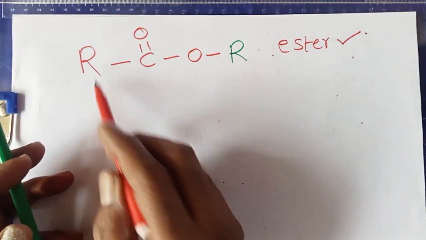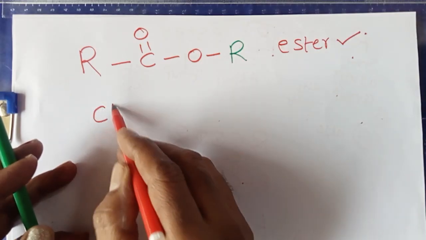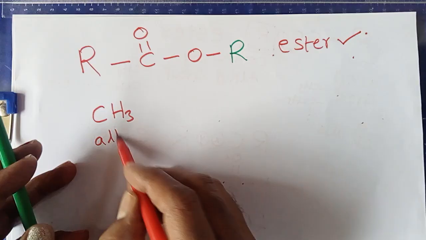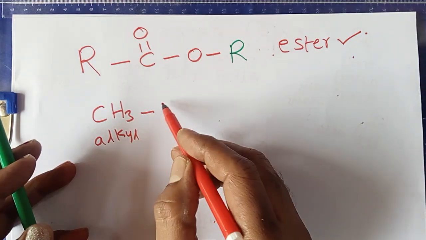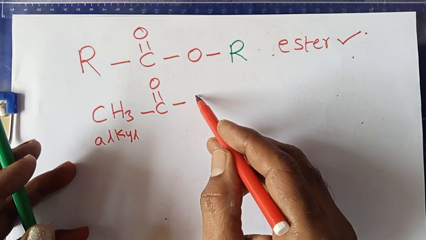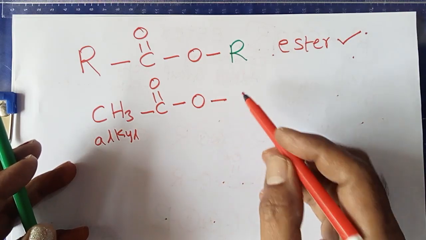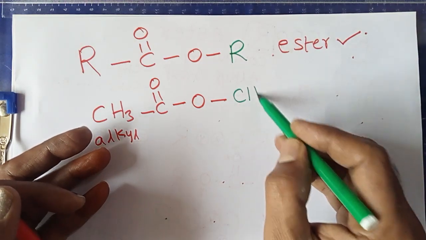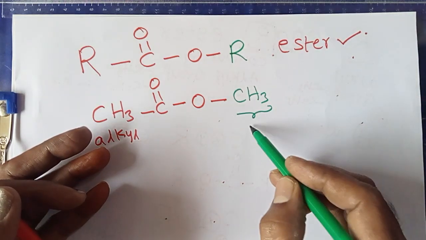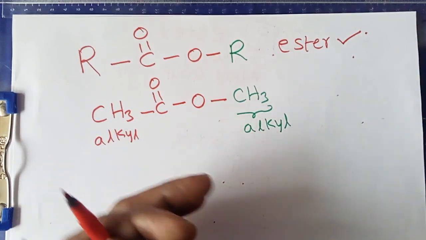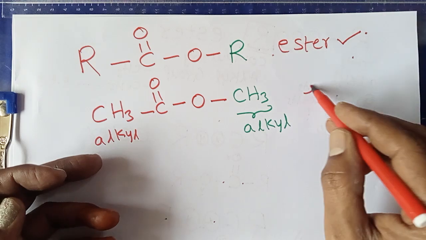Then what is our condition? If this R is CH3, I take the alkyl. CH3 is the alkyl group, but this is no change. C double bond O, and here the green color also CH3, alkyl group taken. Both are alkyl, an ester functional group.